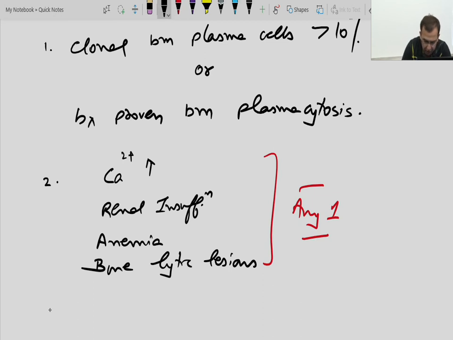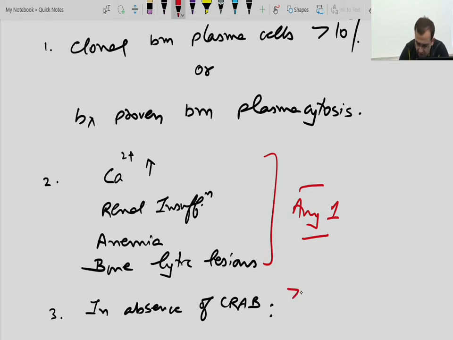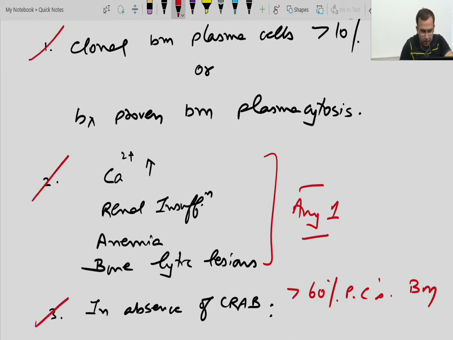The last point is, in absence of CRAB features, more than 60% plasma cells in bone marrow. These are the IMWG classification: clonal more than 10%, CRAB features, or in absence of CRAB more than 60%.